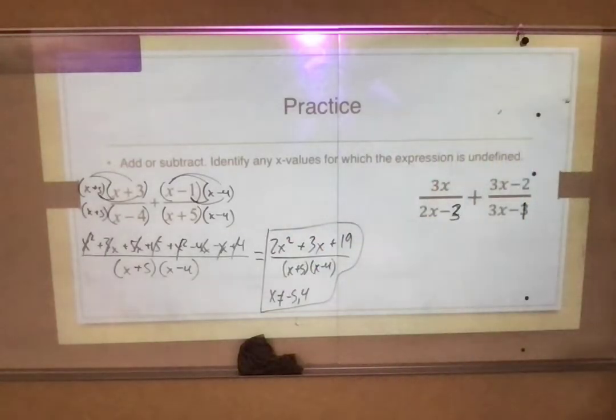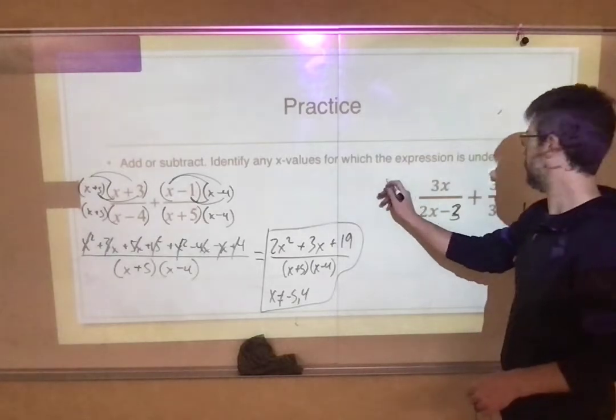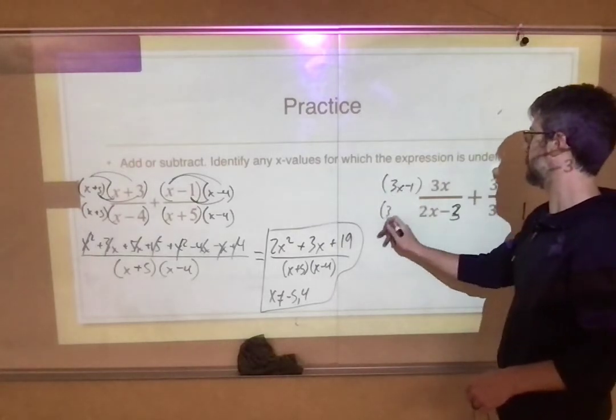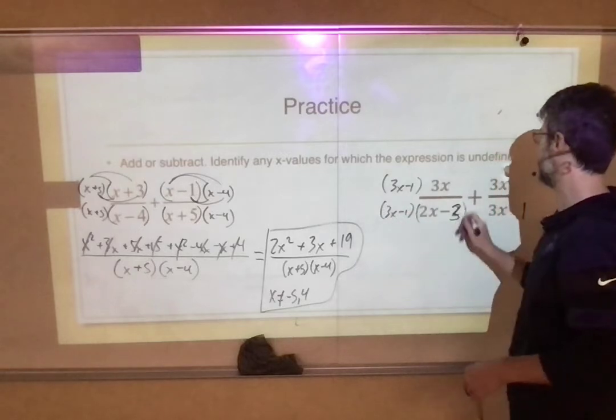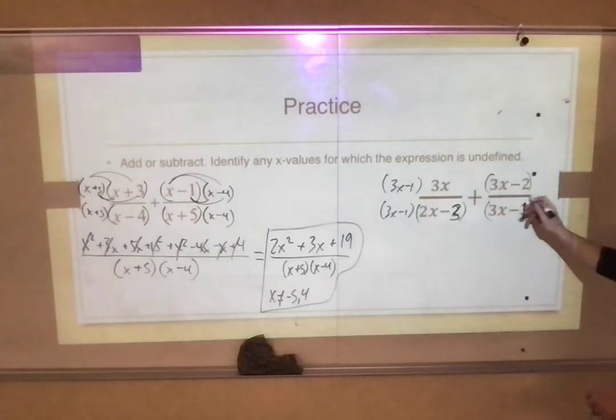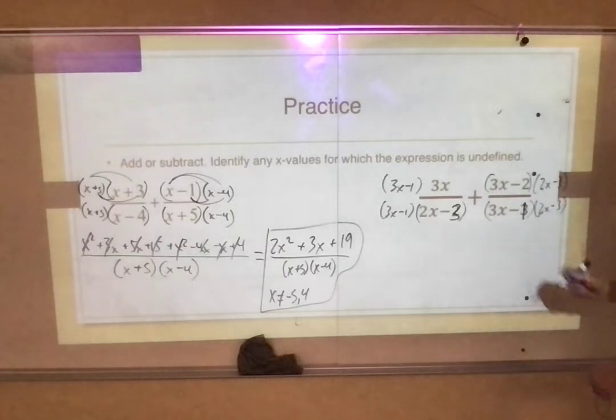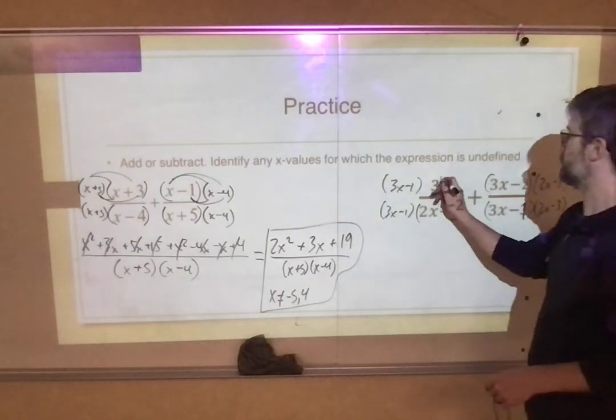All right, for our next one, our slightly amended one, 3x minus 1, 3x minus 1, throw some parentheses around everything, make it all nice and pretty. 2x minus 3, 2x minus 3. All right.